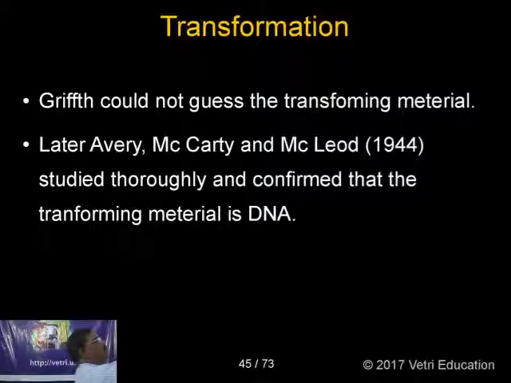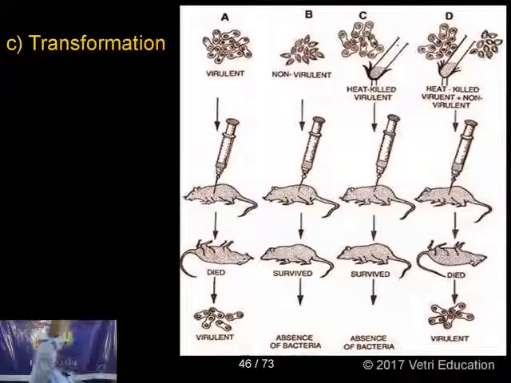So this experiment, you can see now, is very interesting. We have a culture of the virulent bacteria, and the virulent bacteria is injected into mice, which died. Then they conducted a post-mortem and observed the body cells, and the cells contained the virulent bacteria.